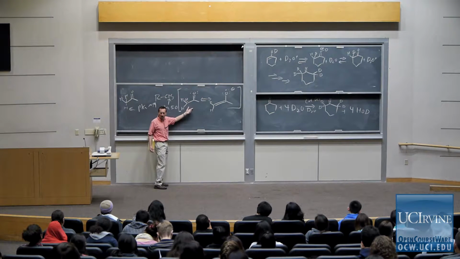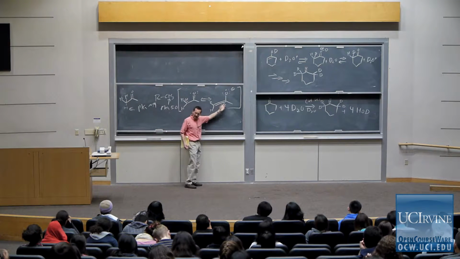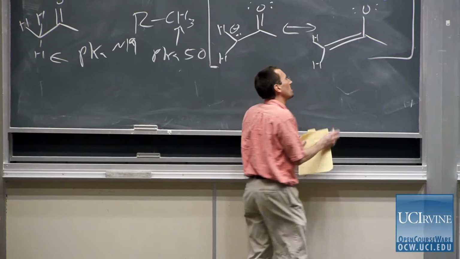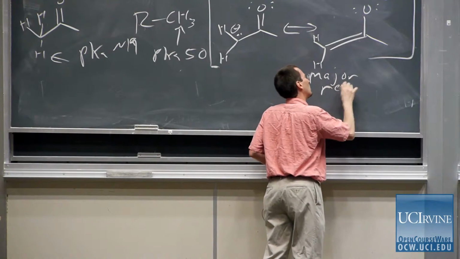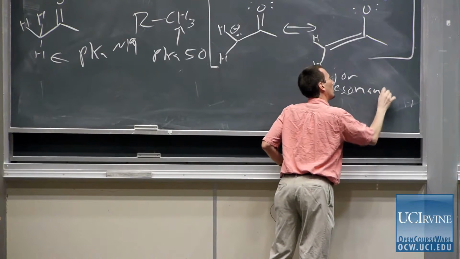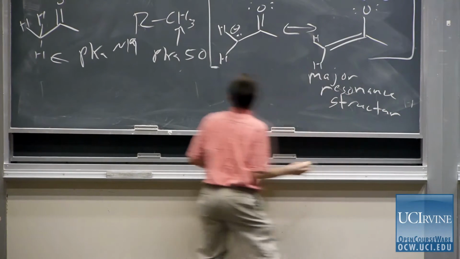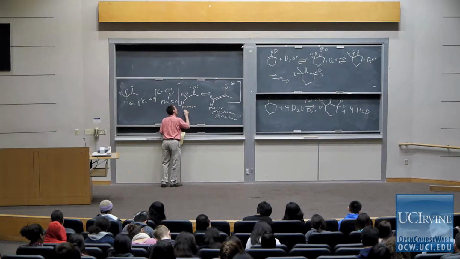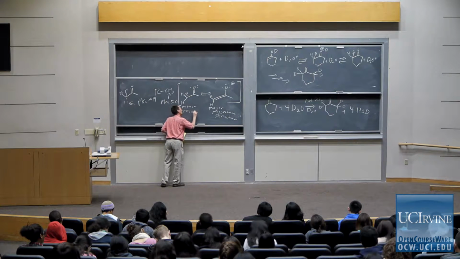And with acetone, with our pKa of 19, we're getting a lot of stabilization from this resonance structure. In other words, this is the major resonance structure. This is the one that's important in determining the reactivity, and this one is the stability, and this one is the minor resonance structure.